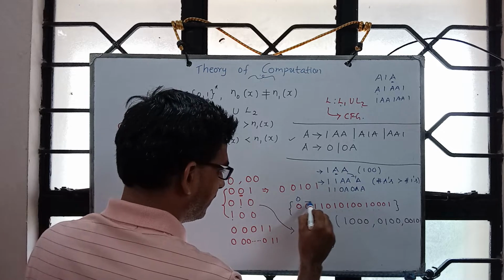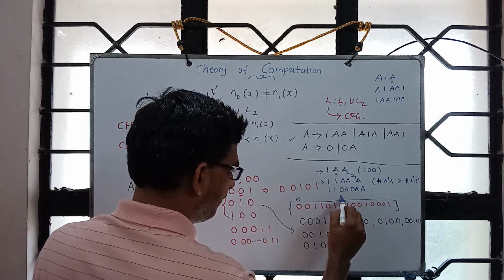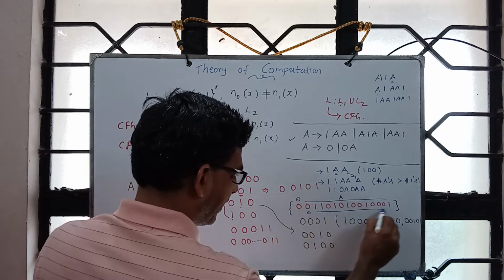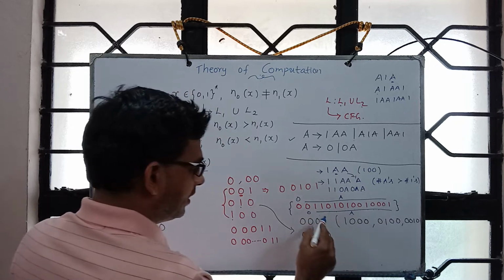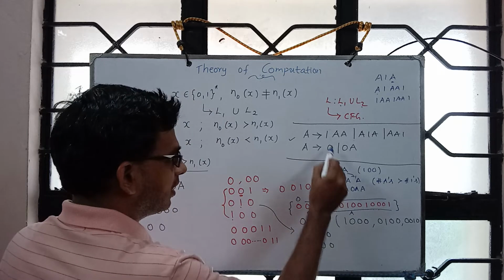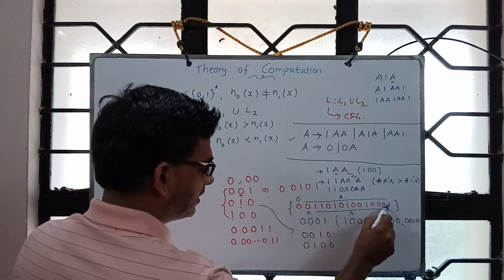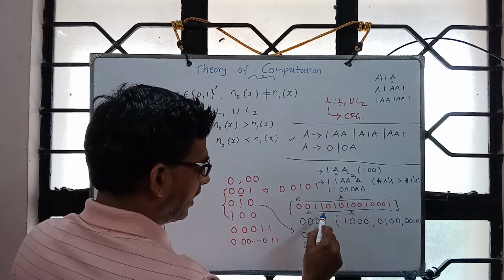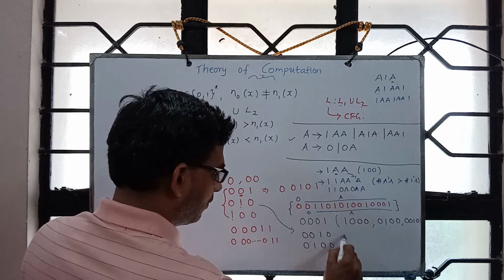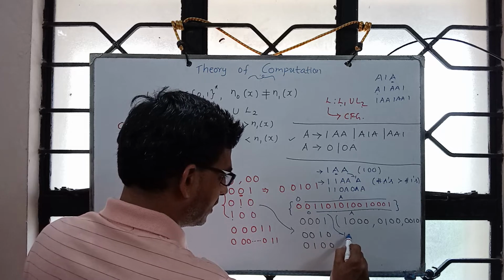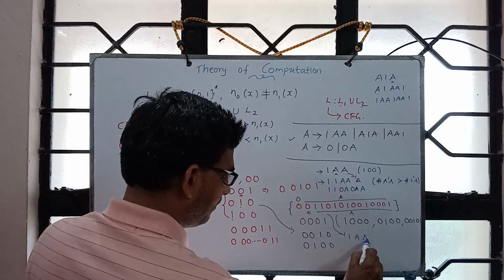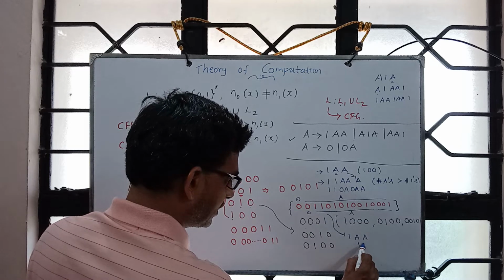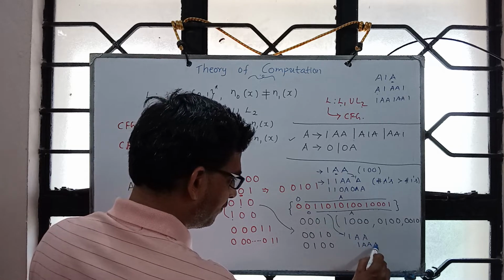To start with, it will be 0A, and then again it will be 0 followed by A, and then choose the one appropriate with respect to this substring. So I choose 1AA, and now what will happen? This becomes 1AA. The next one is 1, which means again I choose 1AA followed by A.